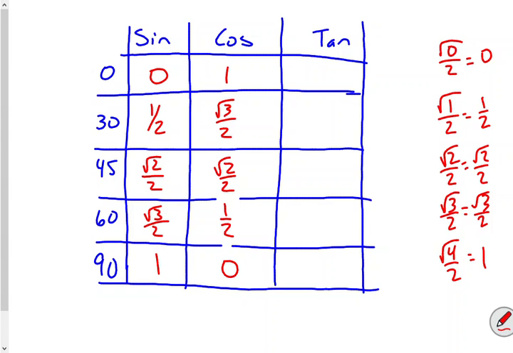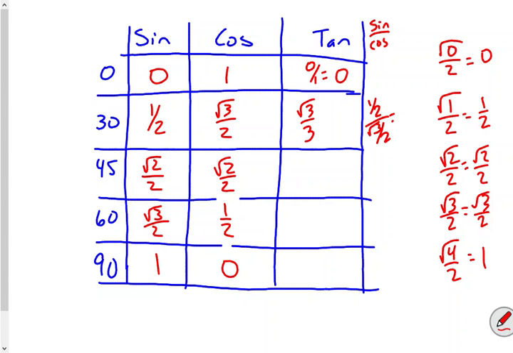And then tangent. Tangent is really just your sine over cosine. Another way to think of tangent is sine over cosine. So 0 over 1, which is 0. Then we have 1/2 divided by root 3 over 2, and we're going to get root 3 over 3.